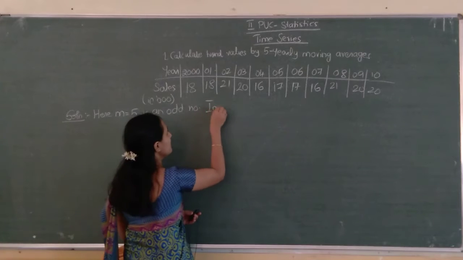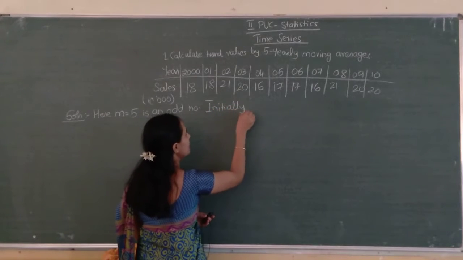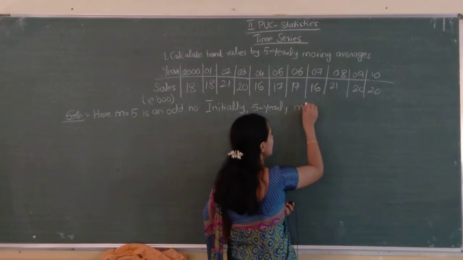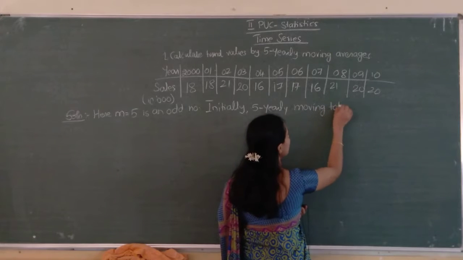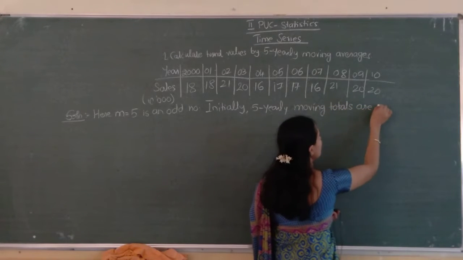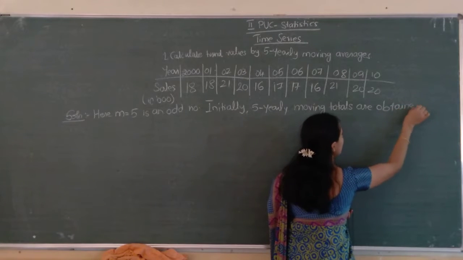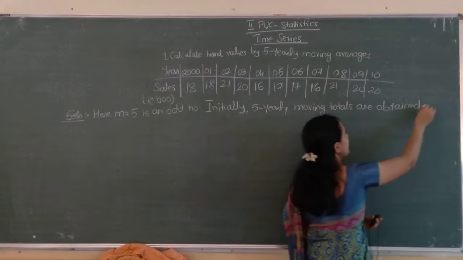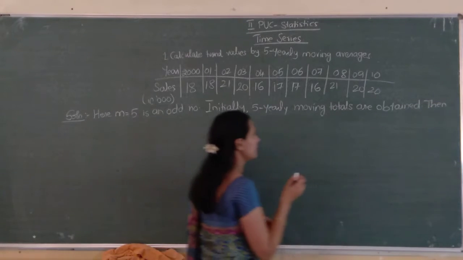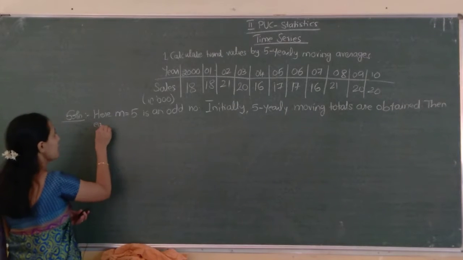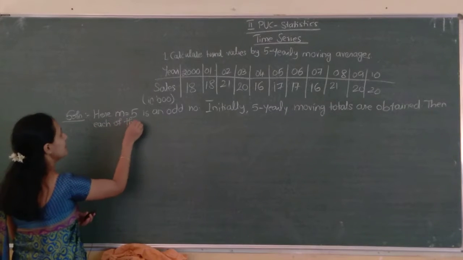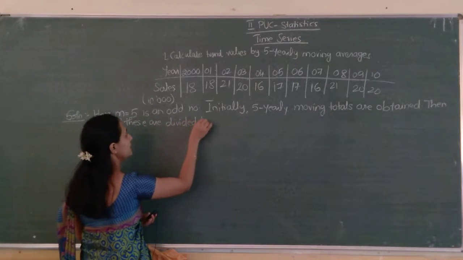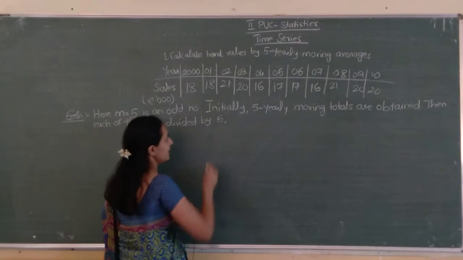Initially 5 yearly moving totals are obtained. Then each of these is divided by 5 to get the trend values.